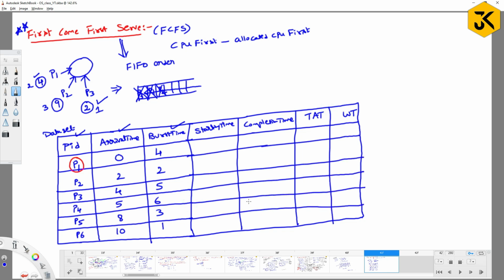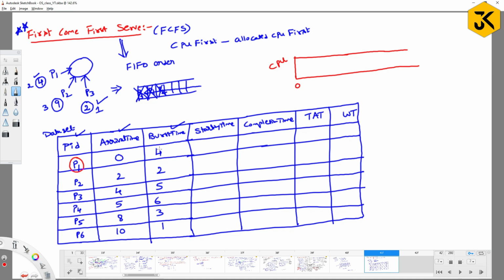Okay, now we'll try to solve this data set for the first come first serve algorithm with respect to a Gantt chart, right? The advantage of a Gantt chart is that we can represent how the processes are executing in the CPU. Initially the CPU starts at 0 nanoseconds.